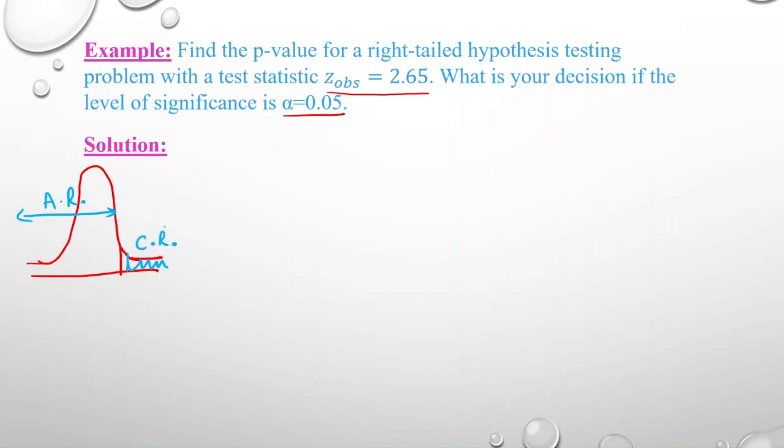So we need to find out the p value for the z statistic. Here we are given the z observed is 2.65. The alpha is also given as 0.05. So 1 minus alpha, this is the acceptance region. Now we'll be calculating the p value.